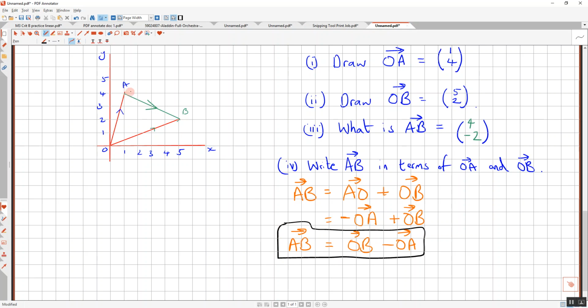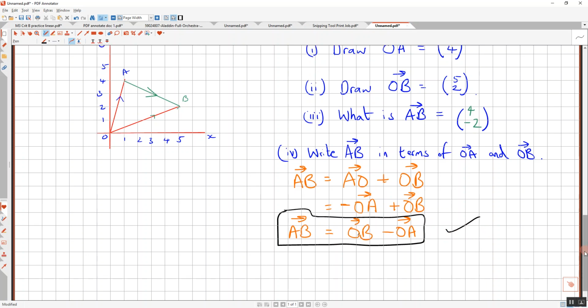To get from this point to this point, I need to go down here, and then up the way. I'm going negative O to A, because I'm going in the opposite direction, and then I'm going O to B. And this will work. If you've got the position vectors of any two points, and you have to work out, say, A to B, this is how you go about doing it.